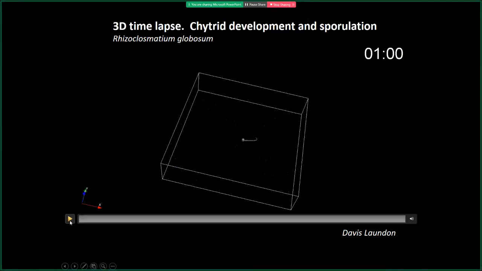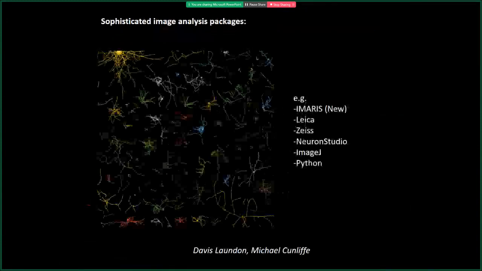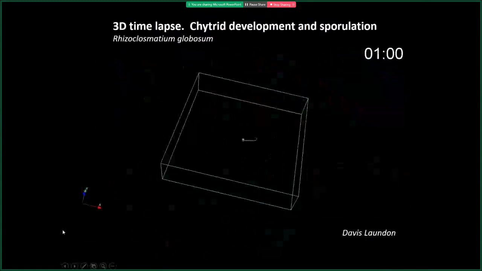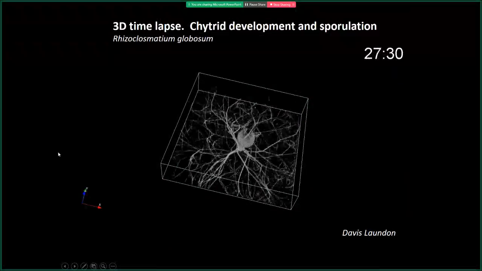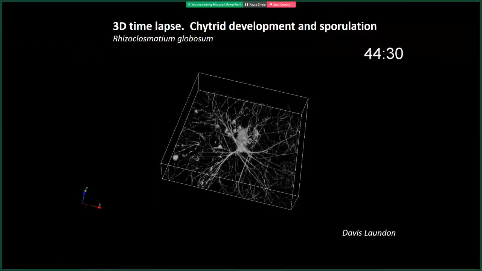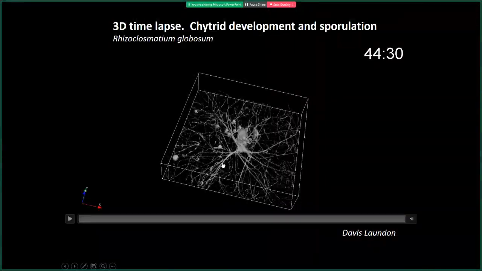I'm just going to run this video. It's quite fast, so don't blink. So this is a time-lapse image of a chytrid fungus which develops into a hyphal network and then suddenly sporulates at the end.